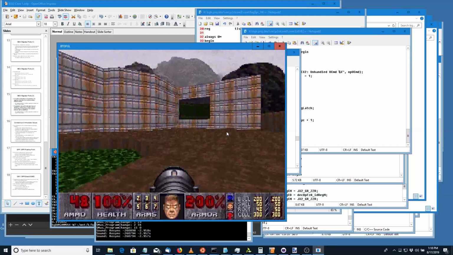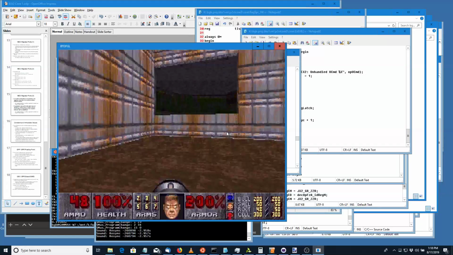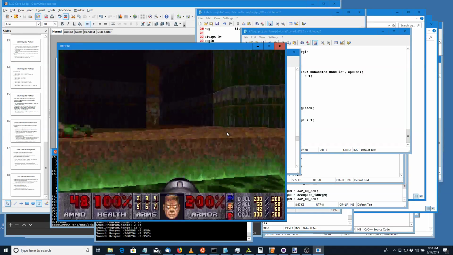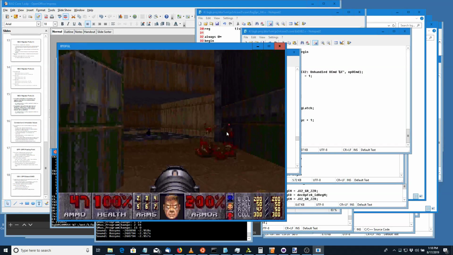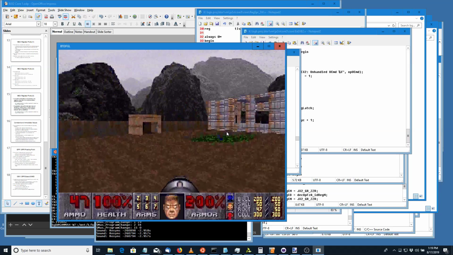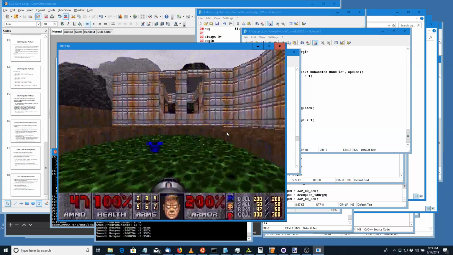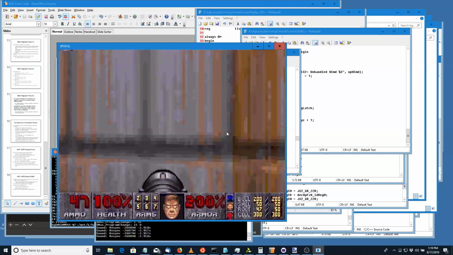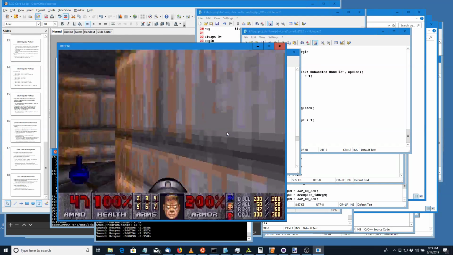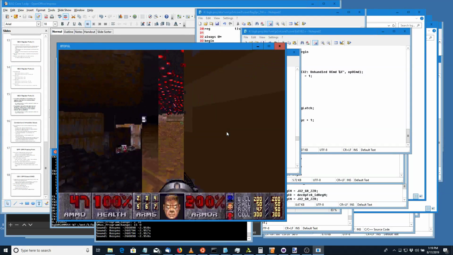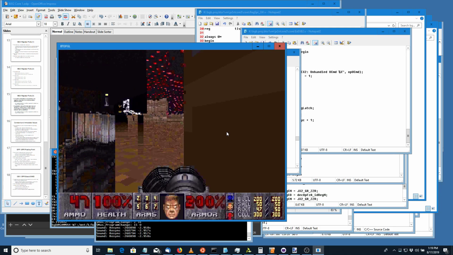But then again, it was all effectively trying to fit something like a Doom or Quake into roughly about the same amount of display memory you would have on a CGA.